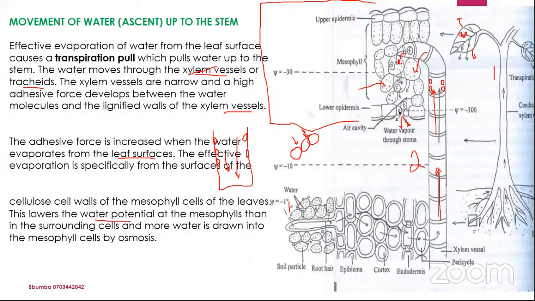When water leaves via the stomata, it makes these cells more concentrated, and therefore they have a low water potential. When they have a low water potential, water moves from the xylem to enter them, so that it can create a high water potential. That is what we call the transpirational pull, that pulls the water together with the other forces.